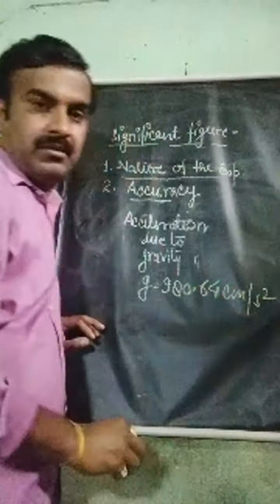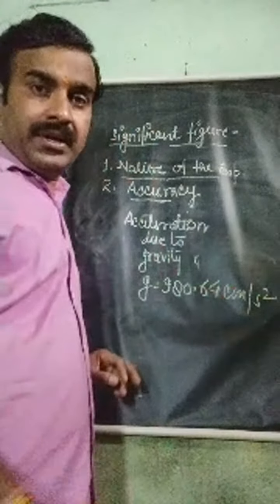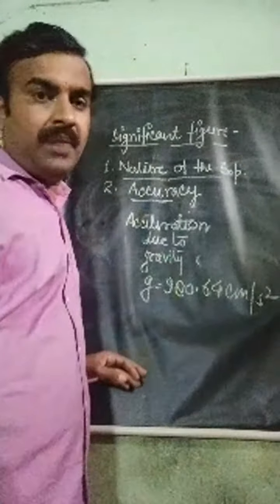This is the acceleration due to gravity of the given bob that you have got.